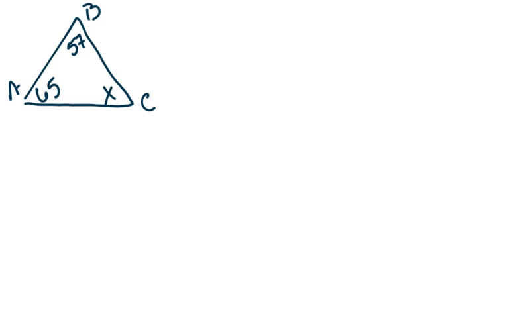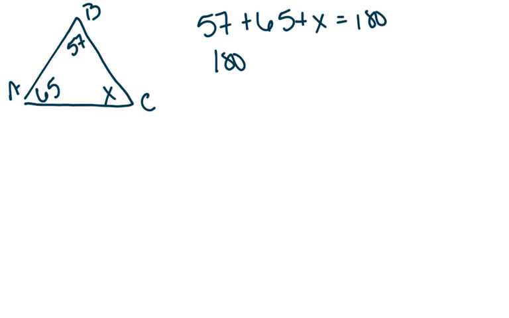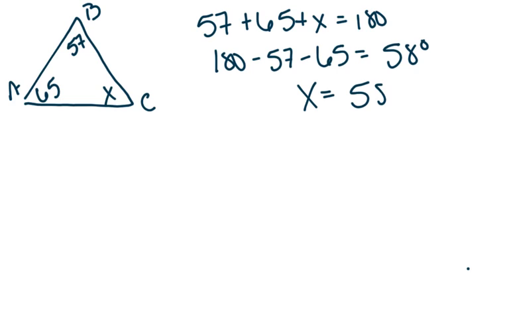So remember that all the angles in a triangle equal 180, so you can make an equation and solve that, or you can just do 180 minus 57 minus 65, and you would get 58 degrees. So that's what x would equal, 58 degrees.